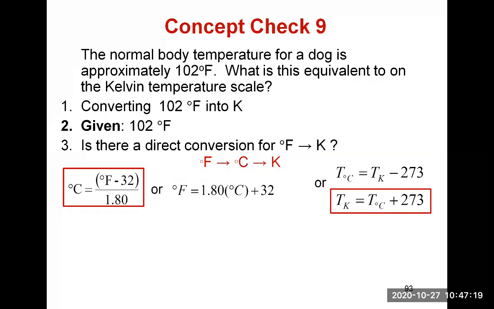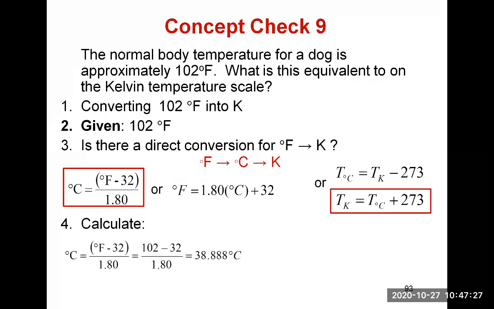Now we are ready to calculate and plug in the values. So let's start with calculating the degrees Celsius. You take degrees Celsius equals degrees Fahrenheit, and here it's 102 minus 32 divided by 1.80.